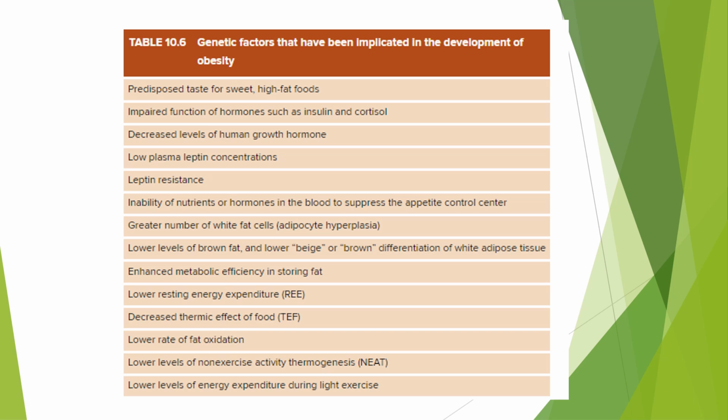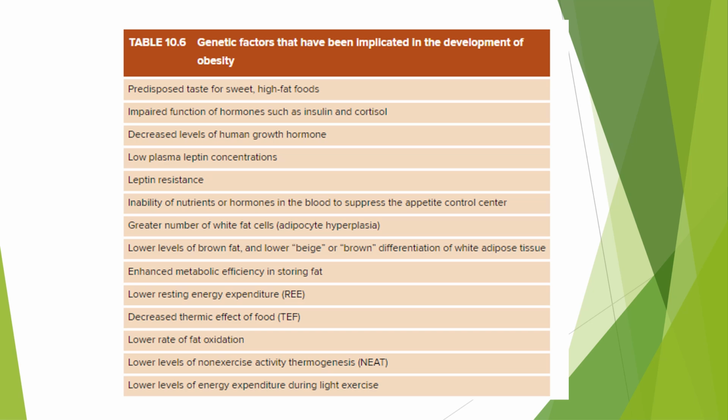The genetic variants. Several genes have been associated with obesity, including those involved in appetite regulation, metabolism, and fat storage. So the FTO, the fat mass and obesity associated gene. These are variants in the gene that have been linked to increased risk of obesity by influencing appetite and energy intake.